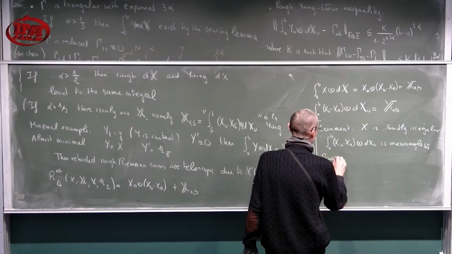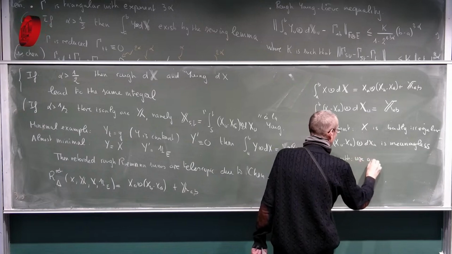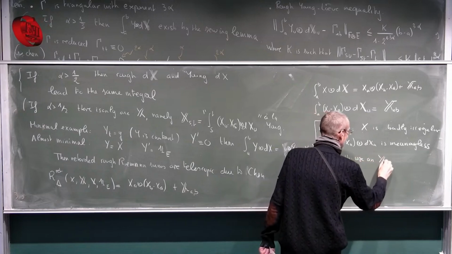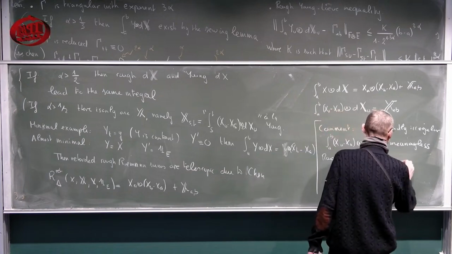The idea of rough path is to use an X as a substitute.